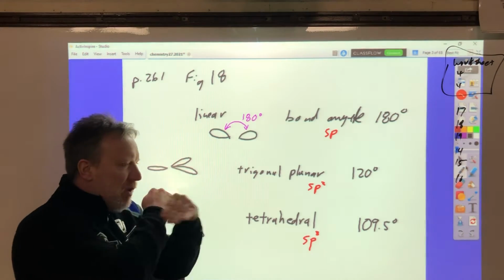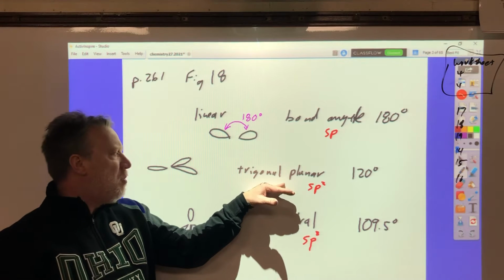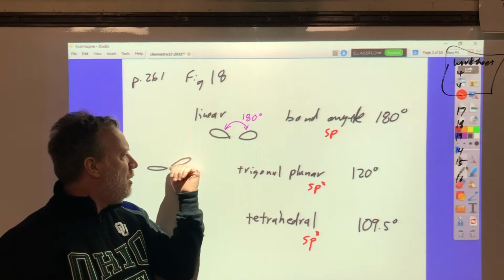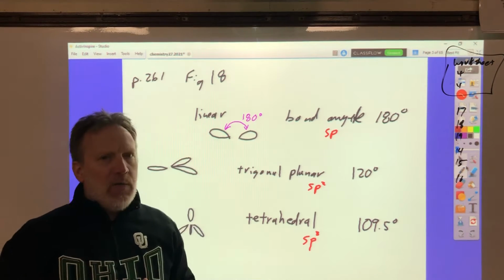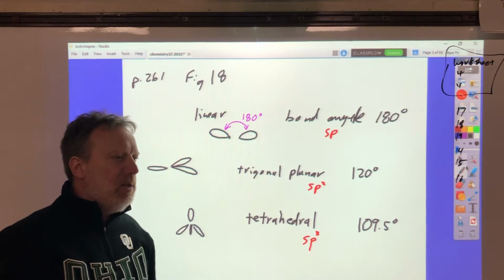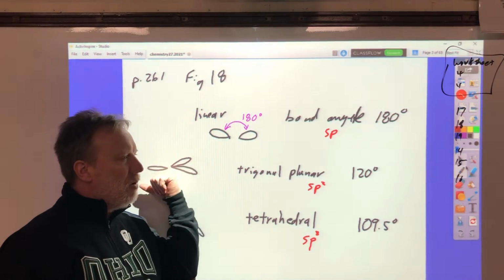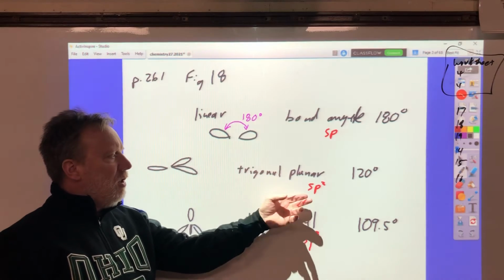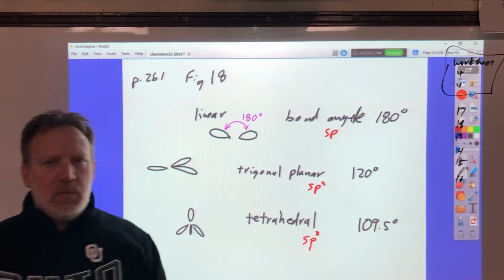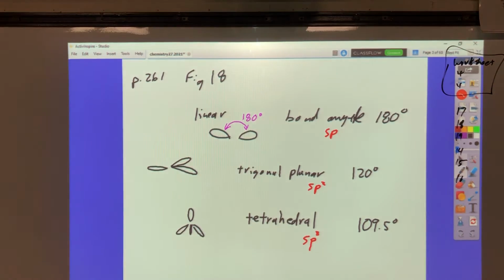The way they can get farthest away from one another as possible is to be 120 degrees apart. Now, if you're explaining this same thing, instead of with valence shell electron pair repulsion, with hybridization, the kind of hybridization you're going to see here is sp2. We're going to talk about that.